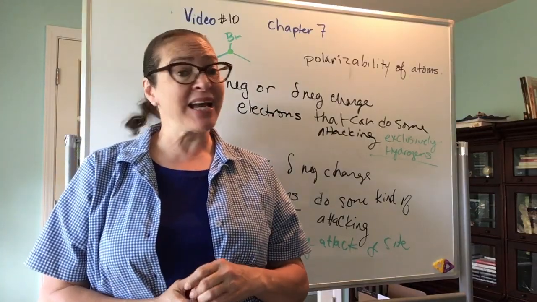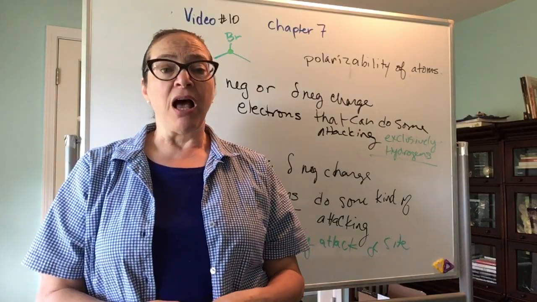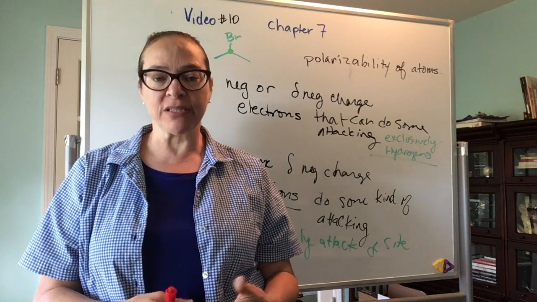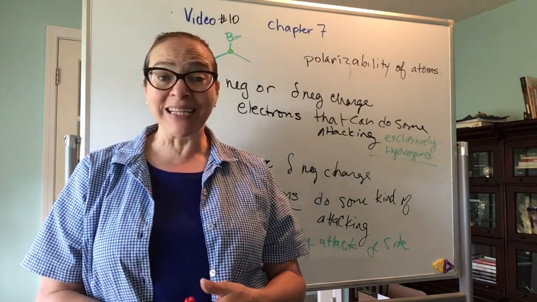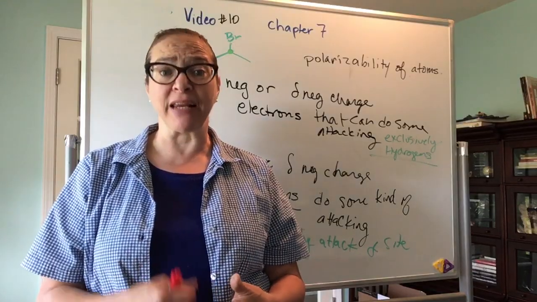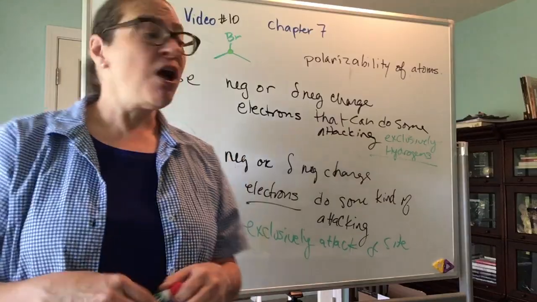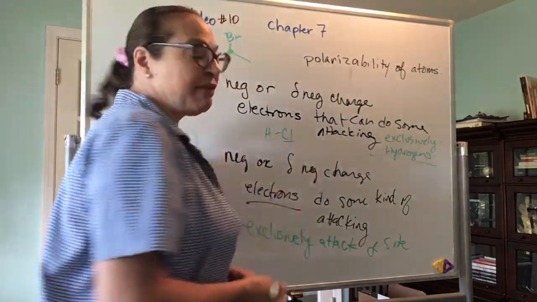Well, bases can attack any hydrogen that is partially positive. Where do we find partially positive hydrogens? Most of our partially positive hydrogens are hydrogens that are directly attached to very electronegative atoms.